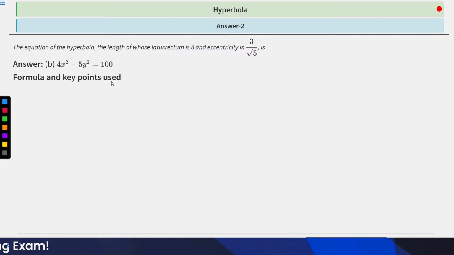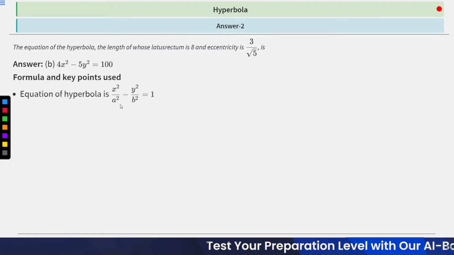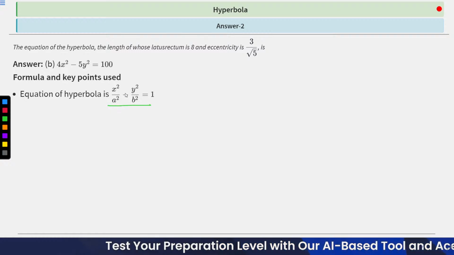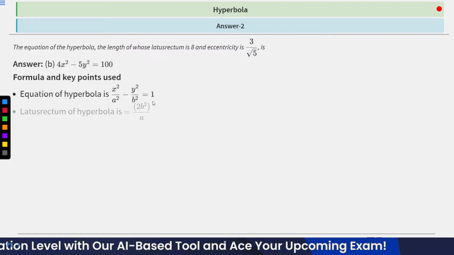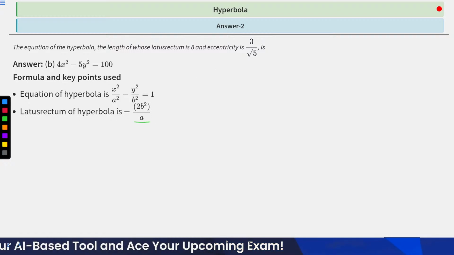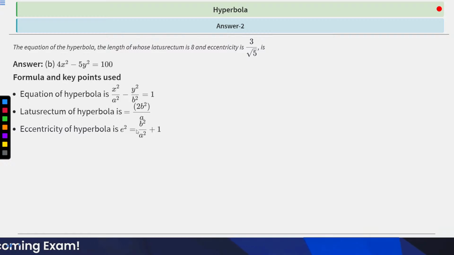The formula and key points used in this solution: one is the equation of hyperbola x square by a square minus y square by b square is equals to 1. Latus rectum is 2b square by a. Eccentricity relationship: e square is equals to b square by a square plus 1.